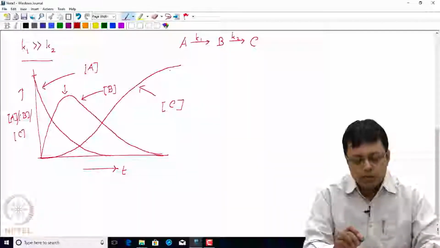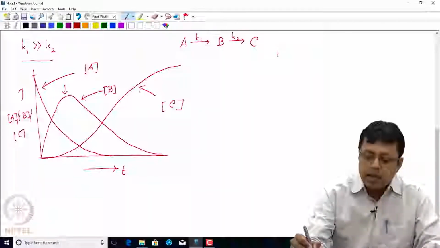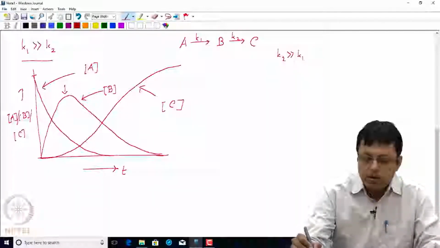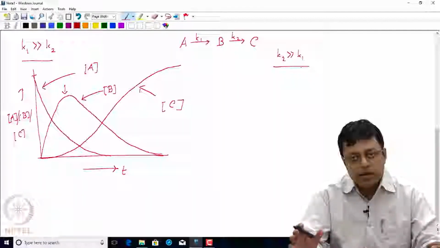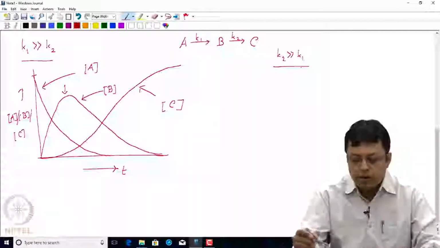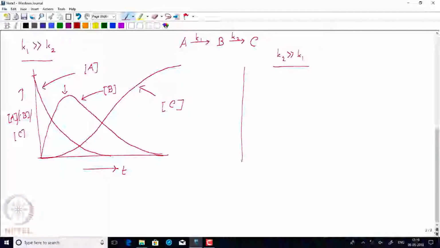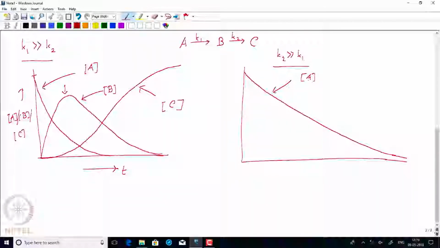Then the C curve slowly grows. The interesting thing happens when the opposite situation is there, where the second rate constant K2 is much higher than K1. Now in that case, the curve for A will be much slower, because A is now decaying at a rate which is e to the power minus K1t, and K1 is much smaller than K2.